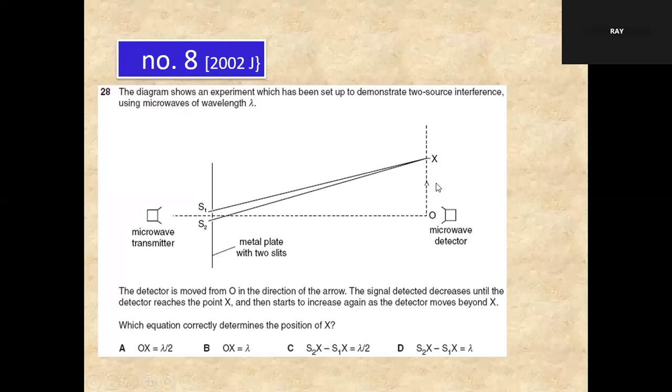The first destructive interference is half lambda, so S2x minus S1x is half lambda. S2x minus S1x is lambda is the next one, where you have constructive interference. So as long as it's half lambda or 1.5 lambda, it's destructive interference.